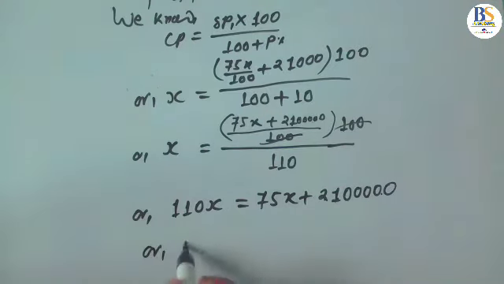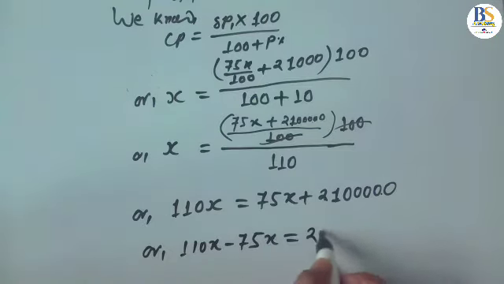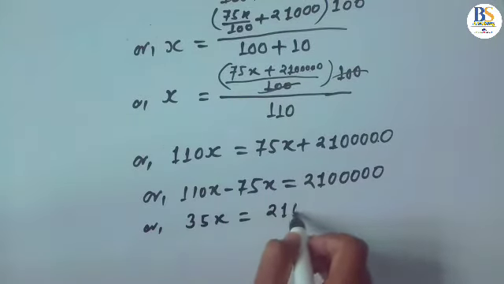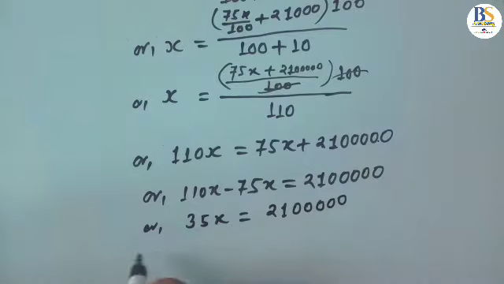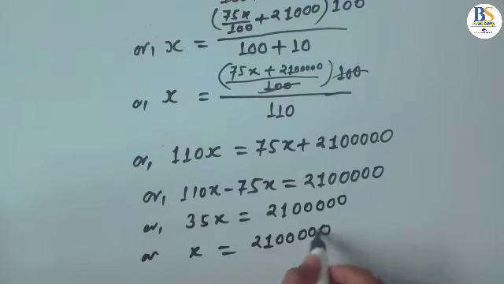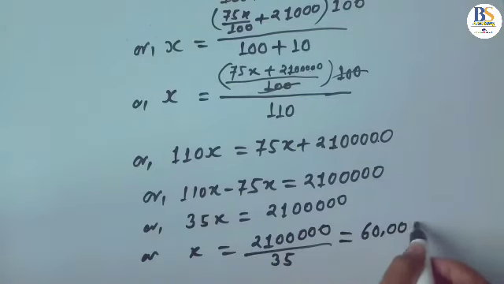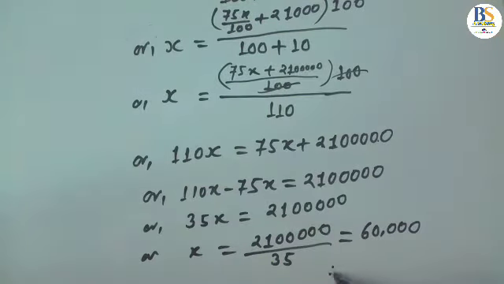Then arrange like terms. 110x minus 75x equals 2100000. 35x equals 2100000, or x equals 2100000 divided by 35. This equals 60,000. Therefore CP equals Rs 60,000. This is the cost price of the item.